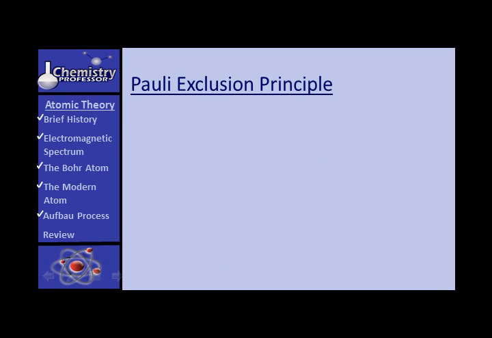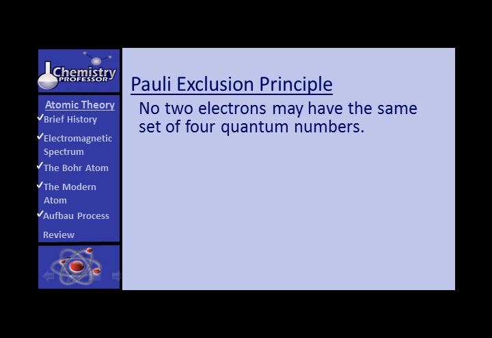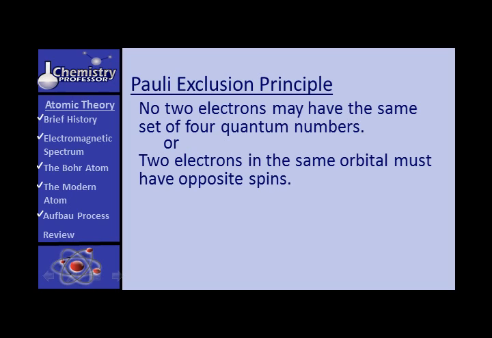The Pauli exclusion principle tells us that no two electrons may have the same set of 4 quantum numbers. Or, you might think of it like this: 2 electrons in the same orbital must have opposite spins.